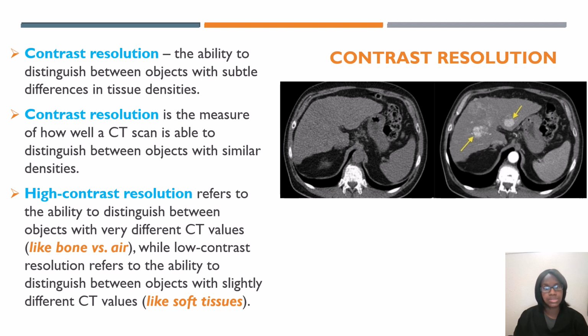High contrast resolution refers to the ability to distinguish between objects with very different CT values, like your bone and your air, while low contrast resolution refers to the ability to distinguish between objects with slightly different CT values, like soft tissues. And then you have your image where you see one image without contrast, and then you see the other image with contrast. So now you can see those abnormalities, those lesions better because we're using contrast, hence contrast resolution.